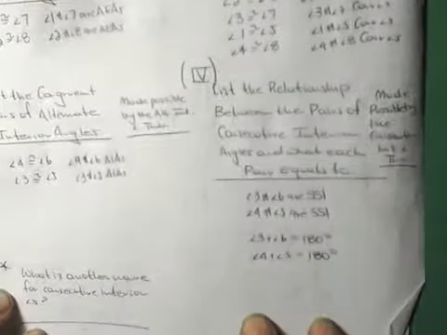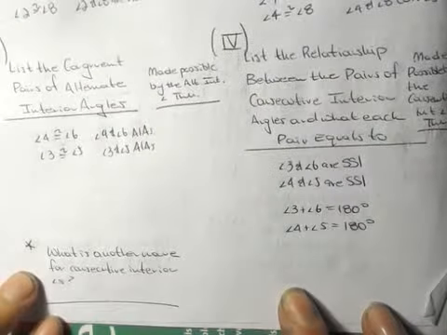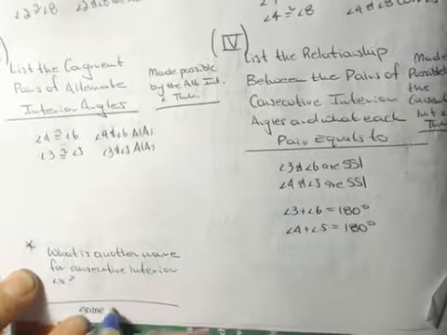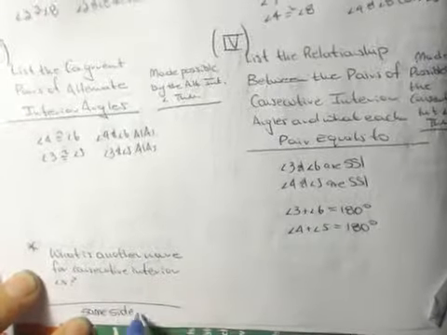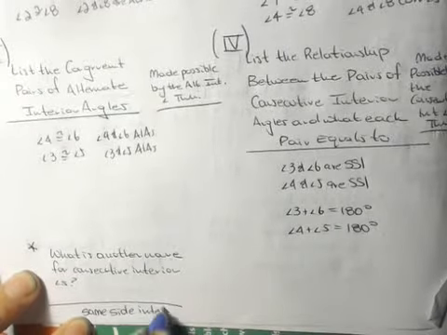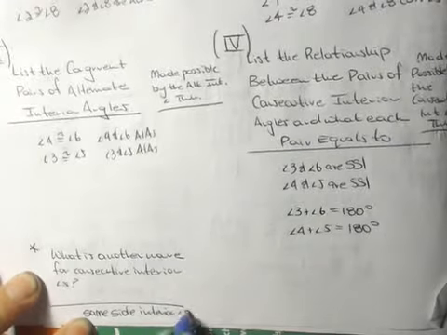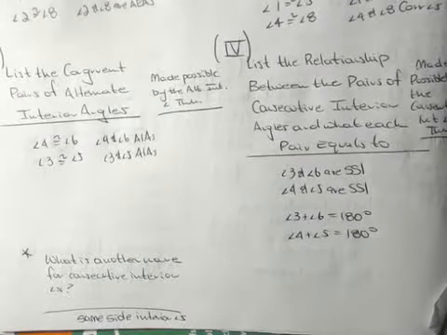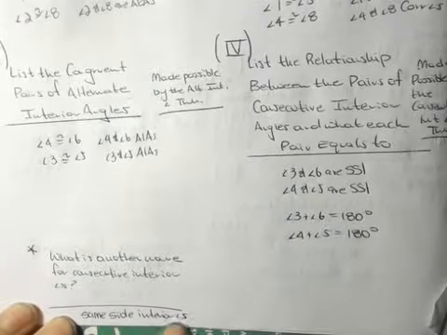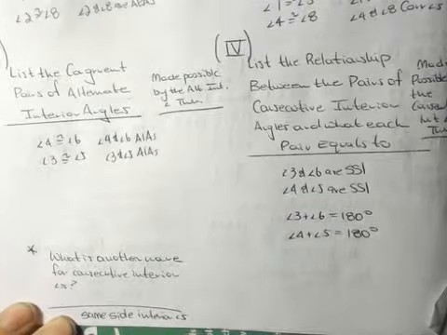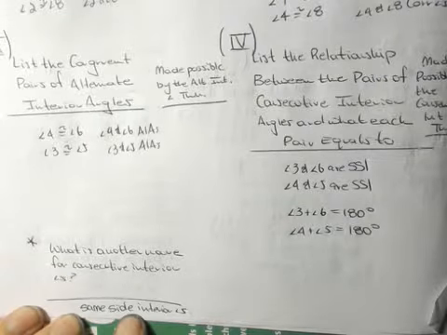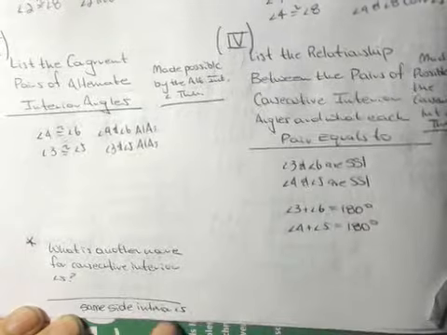Another name for consecutive interior angles: now I know we've been over it, but I can't stress it enough. Same side interior angles, you'll see them as consecutive interior angles, but I find that same side interior angles is easier because it's same side, so I can clue in and think, oh, the same side of the transversal, both angles on the interior.